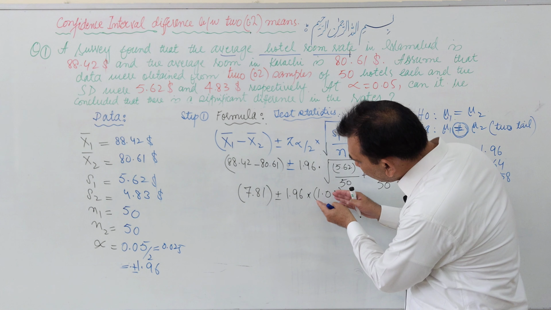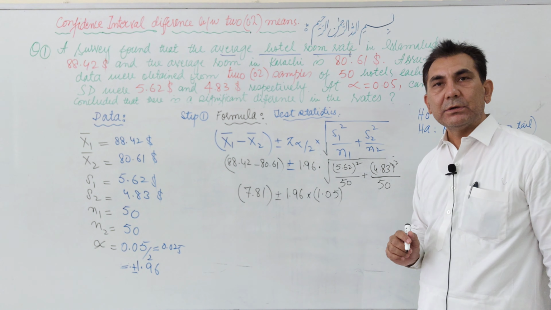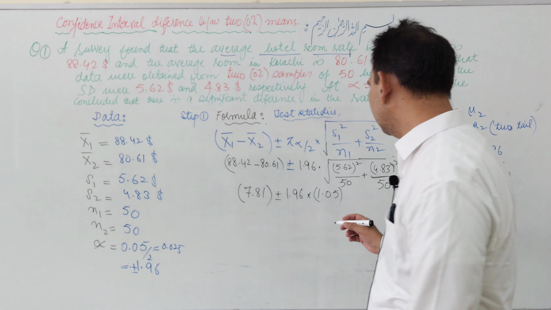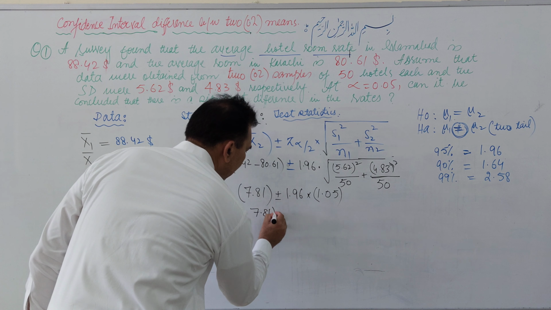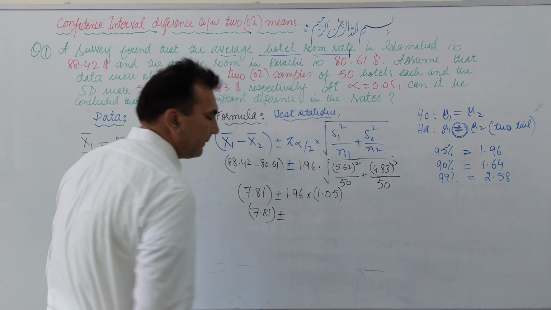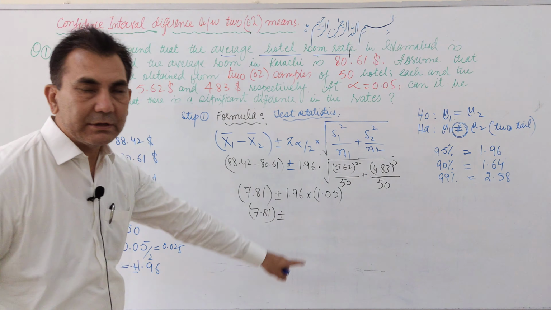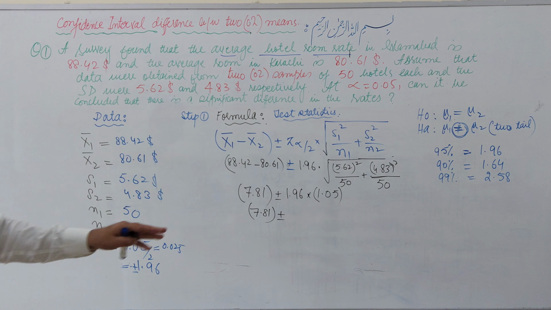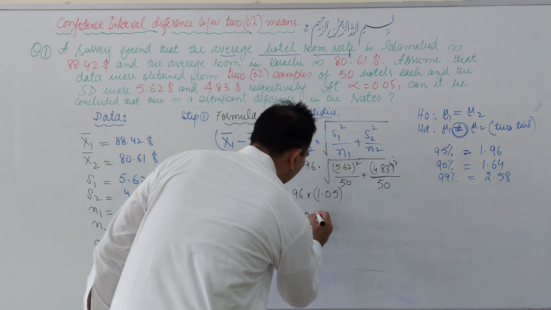Now we will multiply the standard error with the Z alpha by 2 value. So 7.81 plus minus, when we multiply 1.96 with 1.05, it will come up around 2.05.